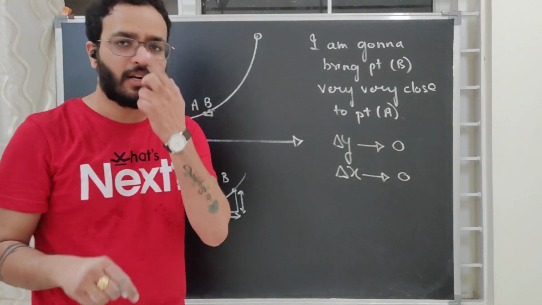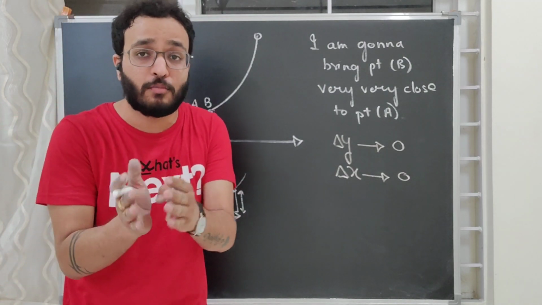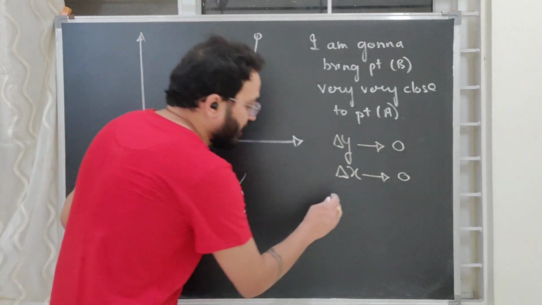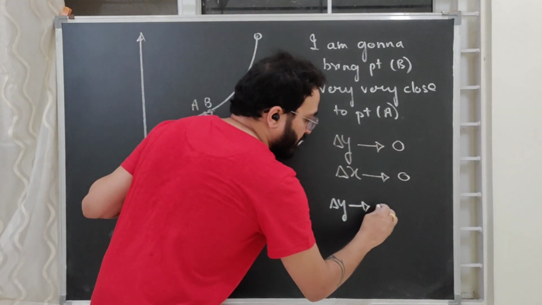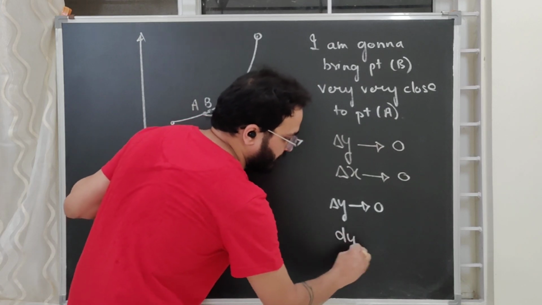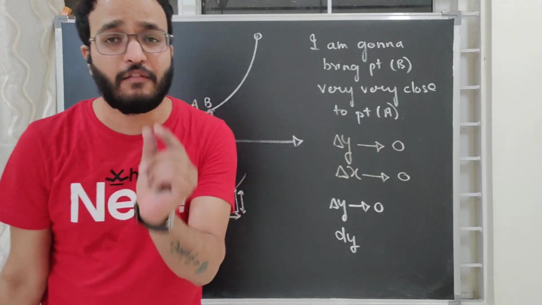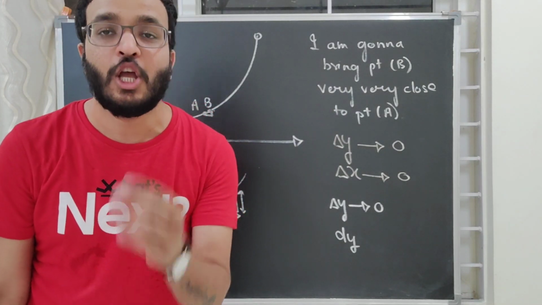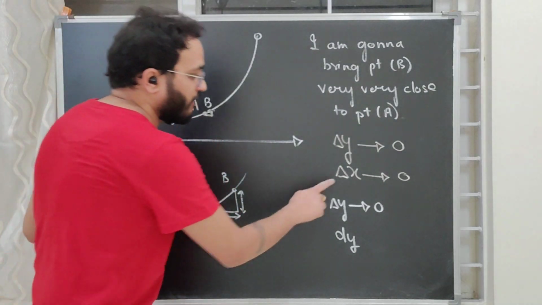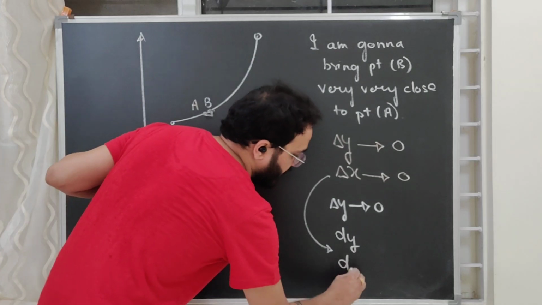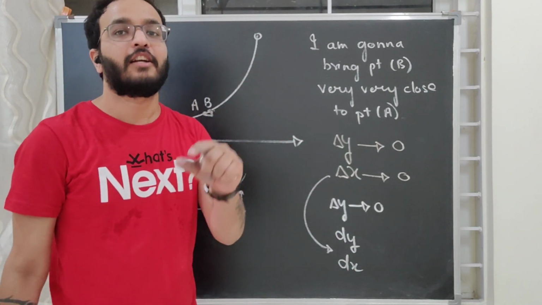Now there is one important thing, students. When delta y becomes extremely small, so small that it is almost equal to 0, then we represent delta y as dy. That means dy is a very small, infinitesimally small change in y. Similarly, when delta x tends to 0, we say it is dx. So we don't write delta x, we write dx.